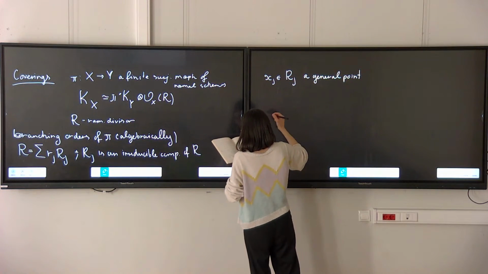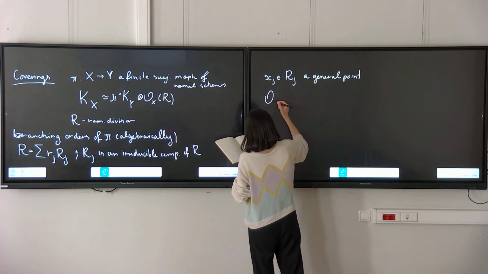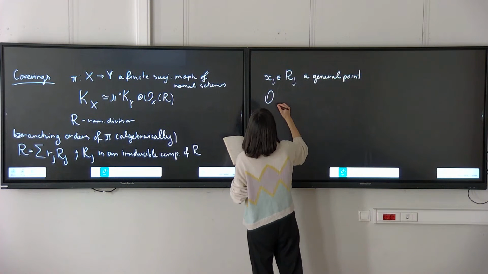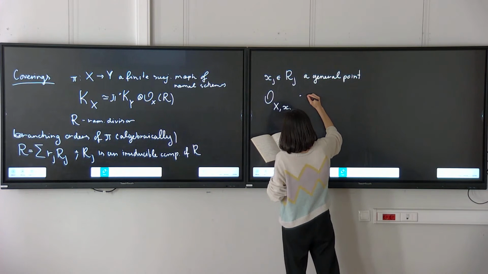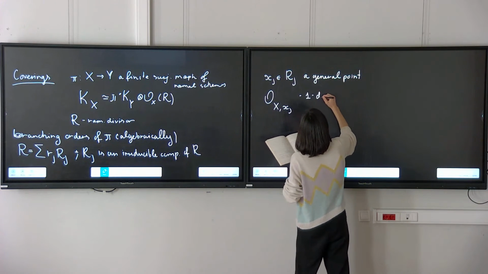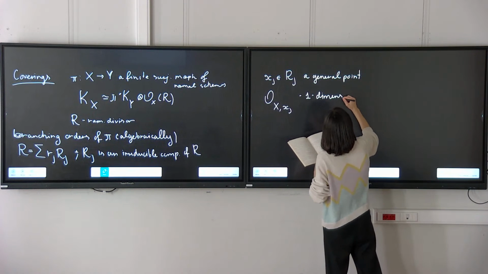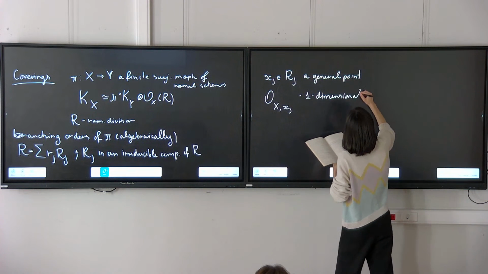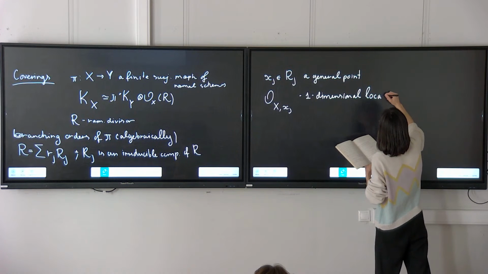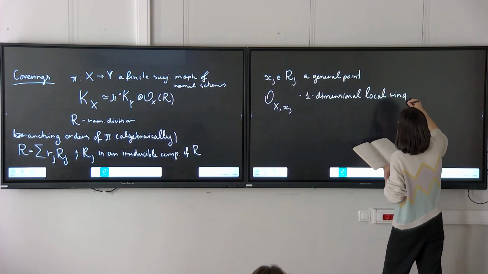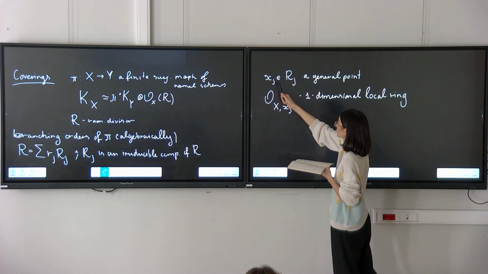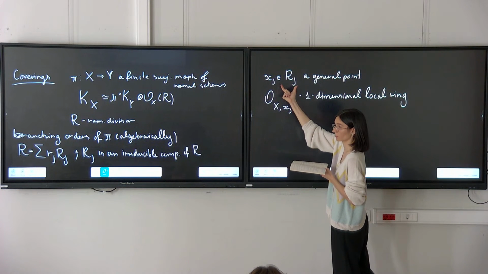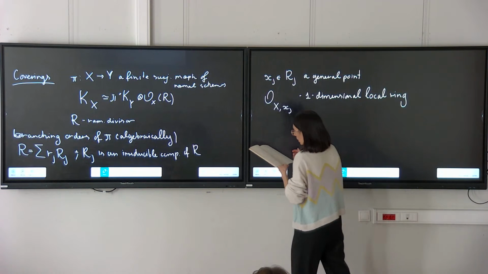We have the corresponding local ring O_{X,x_j}, a one-dimensional local ring. It's one-dimensional just because its dimension is the codimension of the corresponding variety, and the corresponding variety is just a divisor.